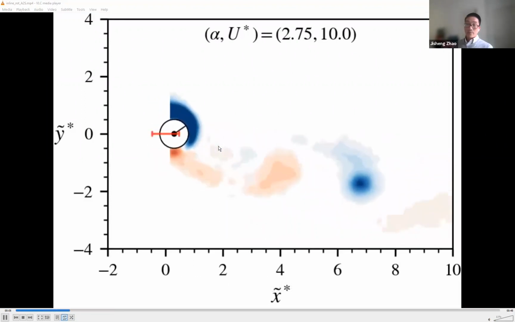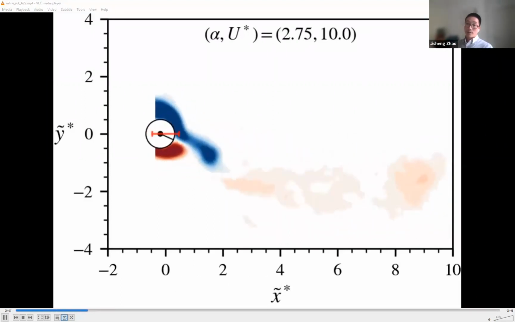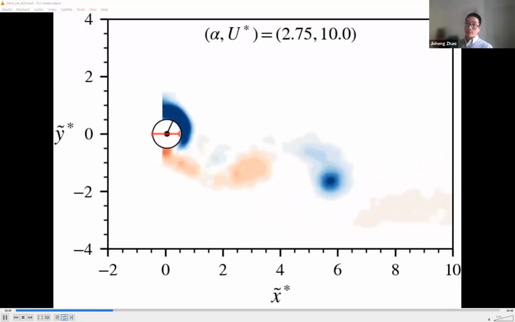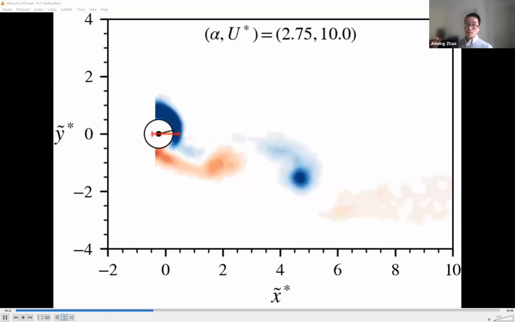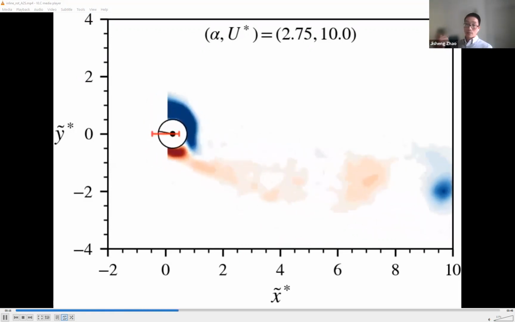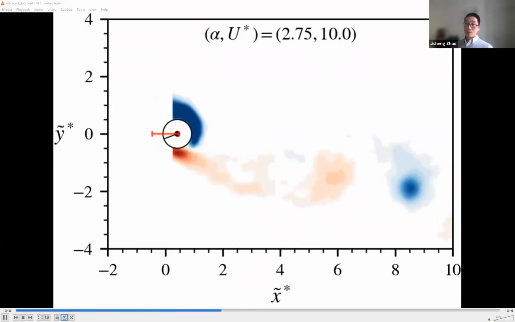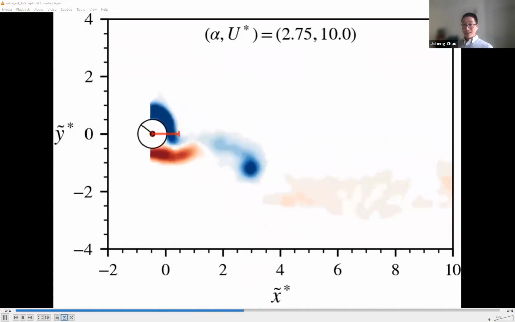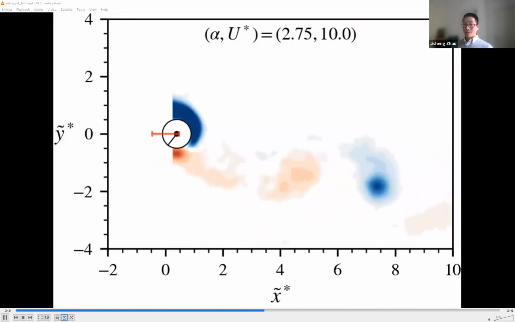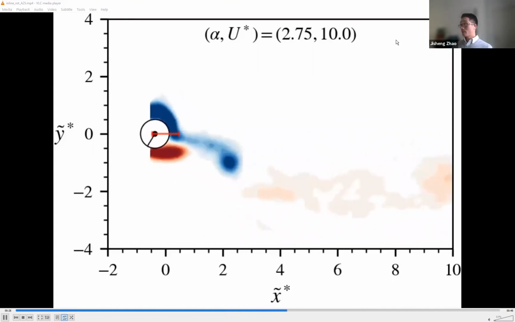For a fixed body at this alpha value, we expect the regular wake shedding to be killed by the body rotation already. But interestingly, for the inline case, if you keep the degree of freedom inline, you can see the wake shedding again. That was quite interesting.